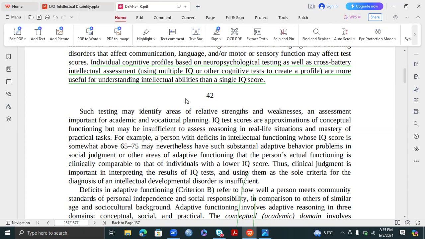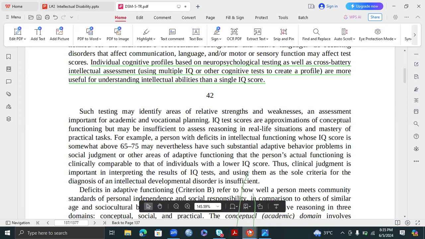Now you have to understand that only the experts know it, and that only practicing the Porteus Maze, the Vineland Adaptive Behavior Scale, or even just a Bender-Gestalt test won't be enough to actually diagnose a person with an intellectual disability. You would require a proper cross-battery, and a proper local or culture-based assessment tool to actually create a profile of a person.